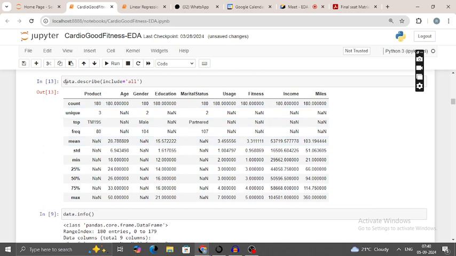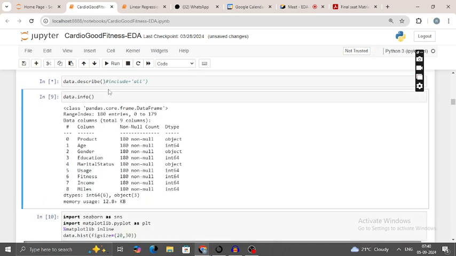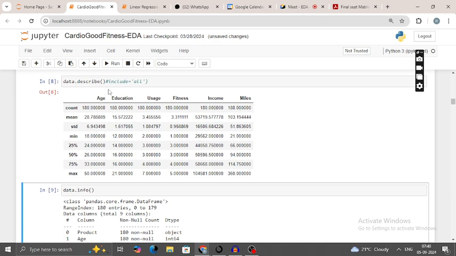If you want to go for data.describe, you can. Include all means, if you don't give it, see why I am giving it like this. If you don't give it to data.describe, see what happens here.